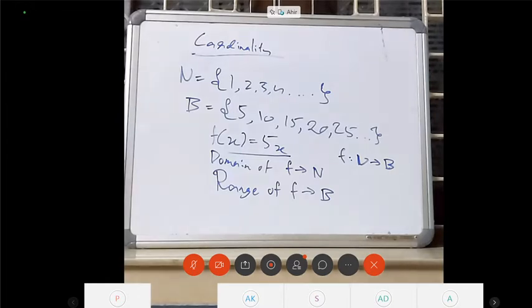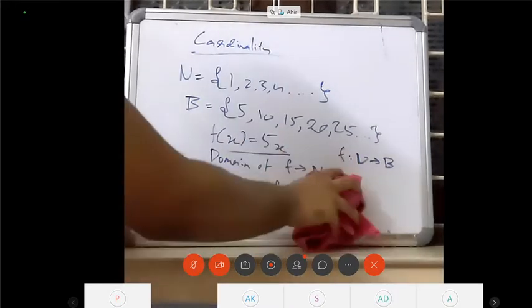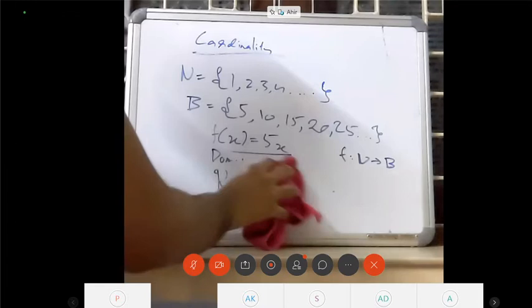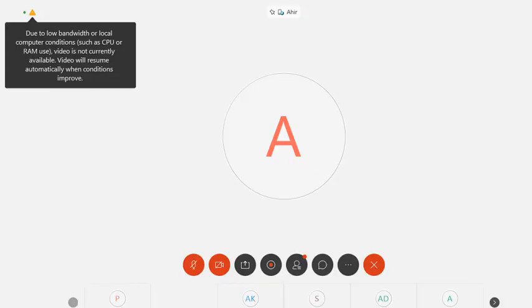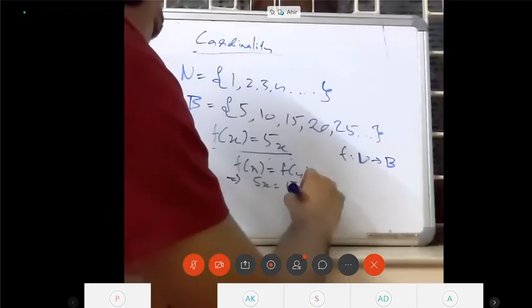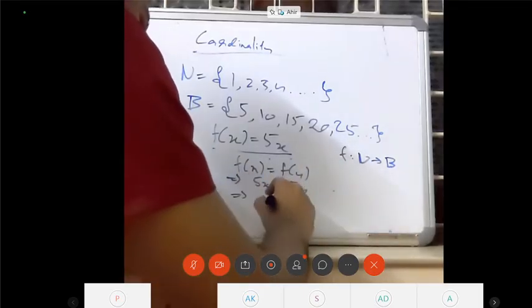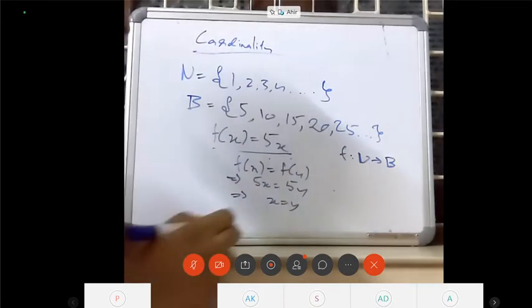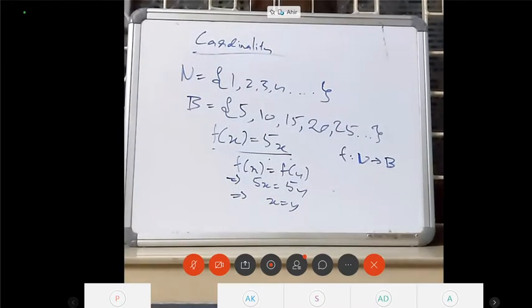What is the definition of injective? The definition of injective is if f(x) equals f(y), that implies that x equals y. So in this case, 5x equals 5y. This means x equals y. So the function is injective.